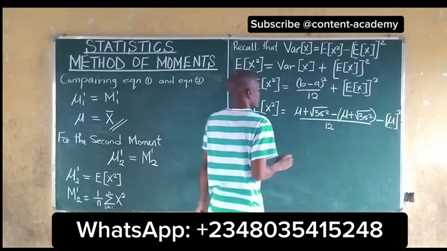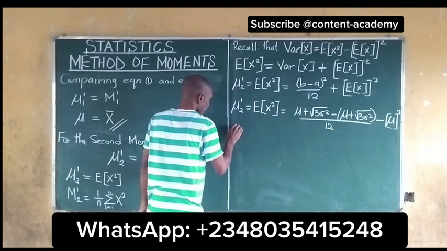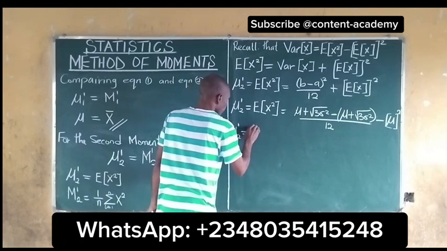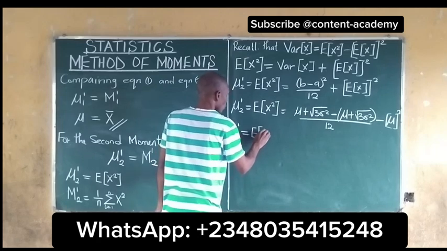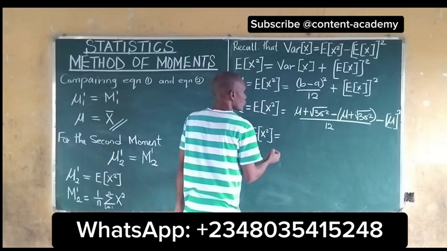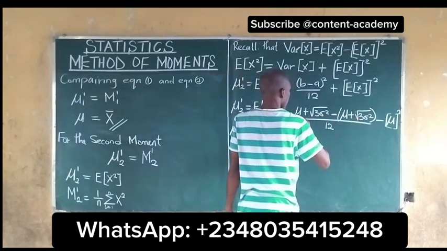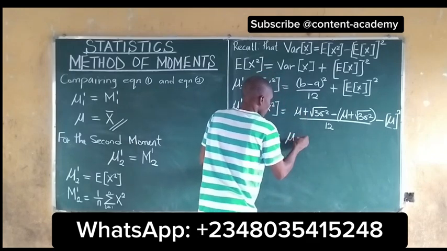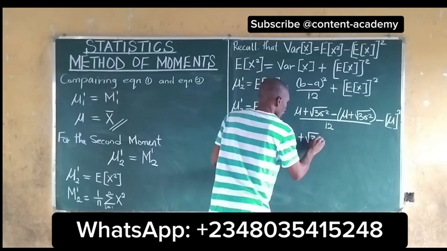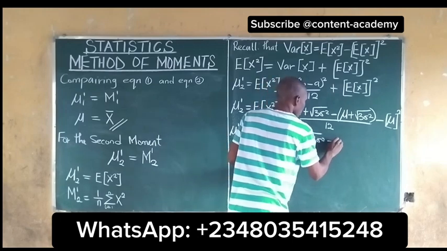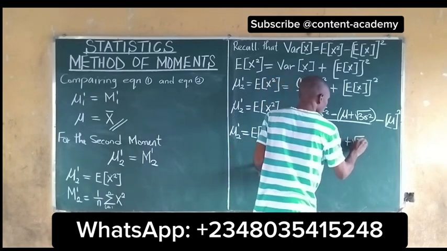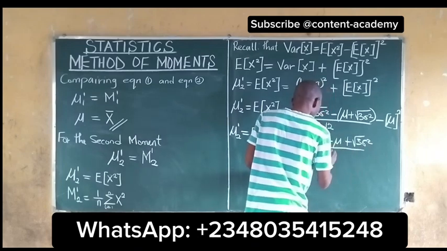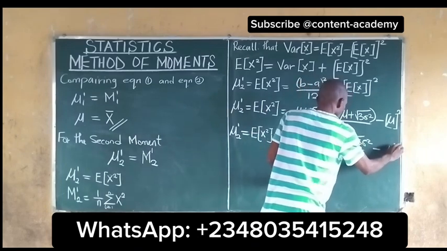all squared. Now, it then means that our population mean for the second moment, which is also equal to this, is equal to, now, if you open this, you will see that, okay, let me write it out. Mu plus square root of 3 sigma squared minus mu plus square root of 3 sigma squared all over 12 minus mu squared.